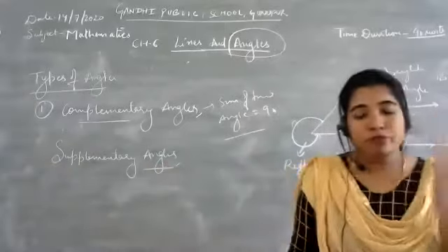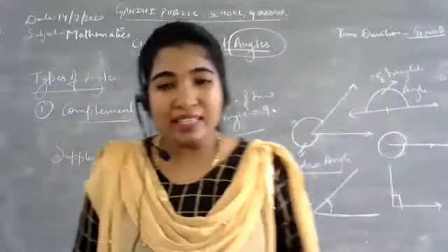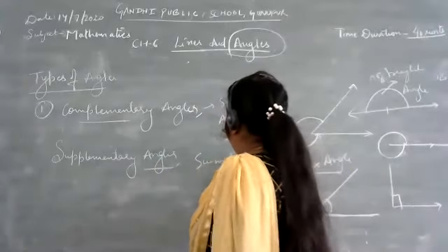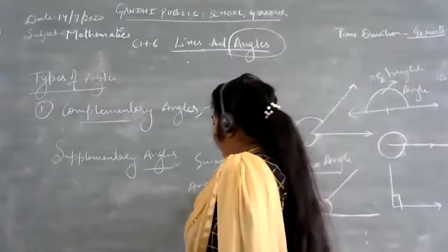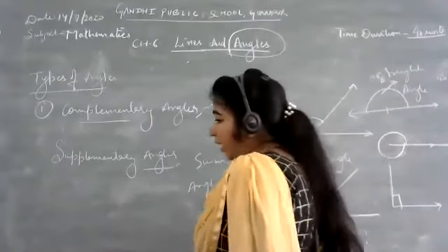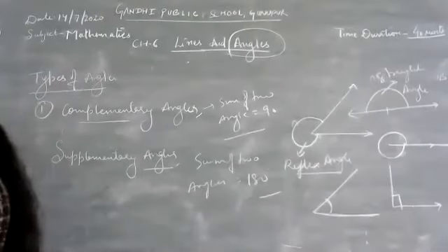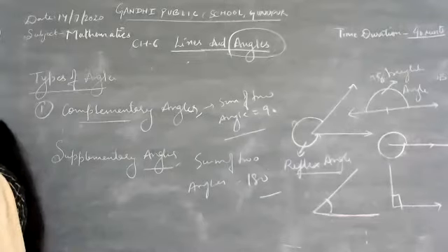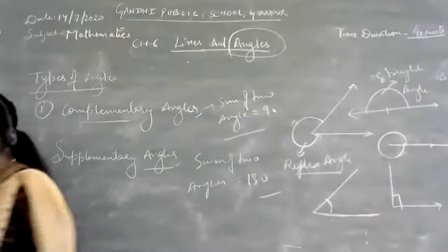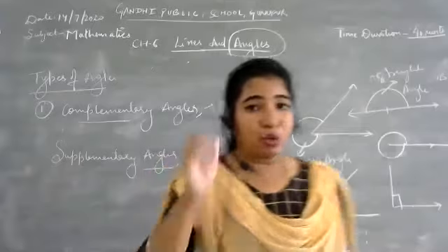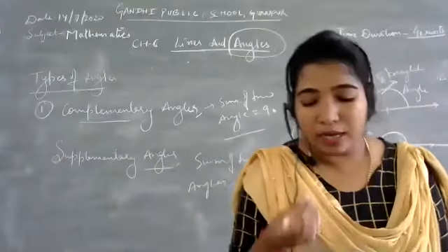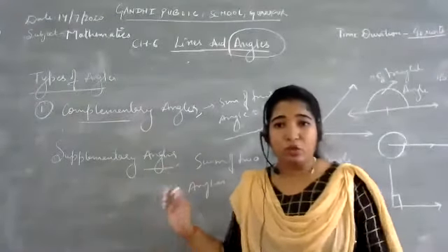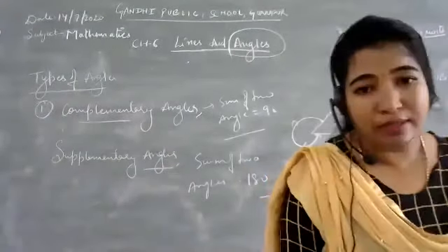If the sum of two angles is equal to 180 degrees, then they are said to be supplementary angles. Okay, class, this is all about it. I will provide the notes. Okay, don't worry about that. I hope it is clear, the complementary angles and supplementary angles.